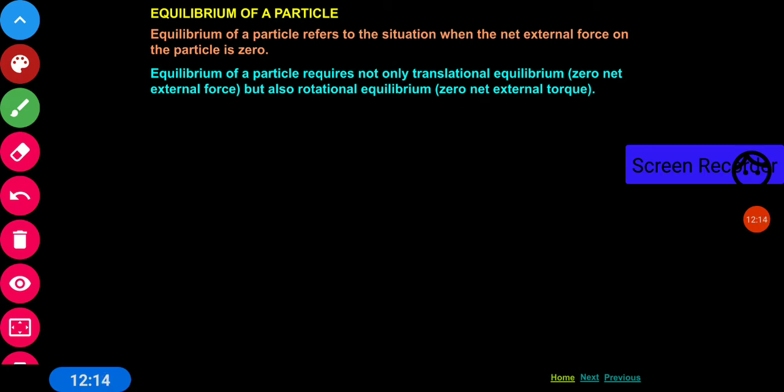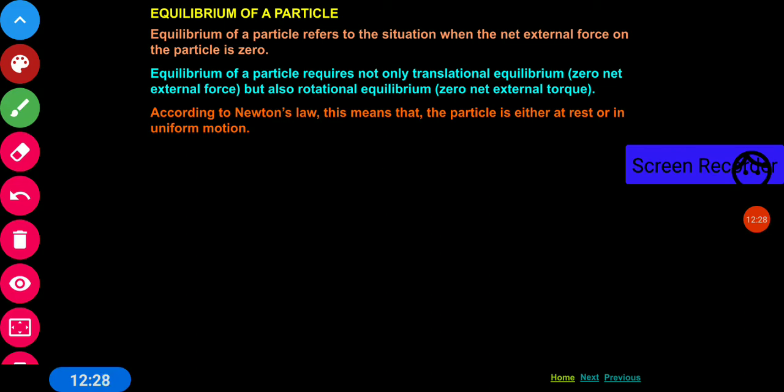Translational equilibrium means that when no external force is acting, the particle remains in translational equilibrium, and rotational equilibrium means zero net external torque, because torque is responsible for rotational motion. According to Newton's law, this means that the particle is either at rest or in uniform motion.